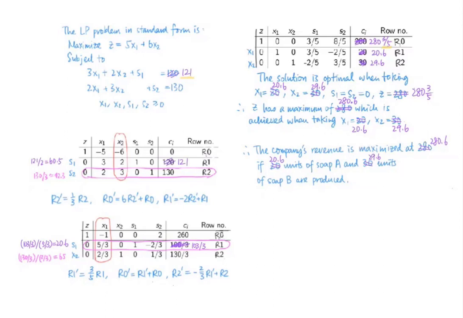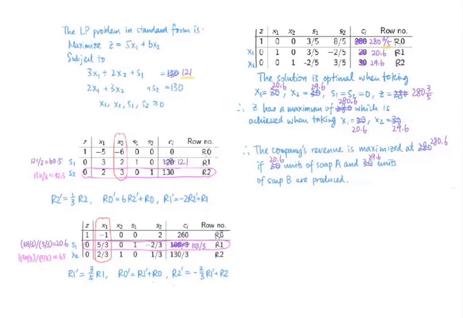It means that if 1 more minute of labor is hired, then the company's revenue becomes 280.6 instead of 280. And it means that if 1 more minute of labor is hired on top of 120 minutes of labor time and 130 liters of oil, then the company's revenue increases by 0.6 euro.